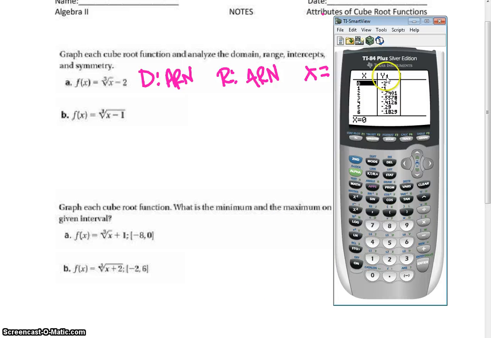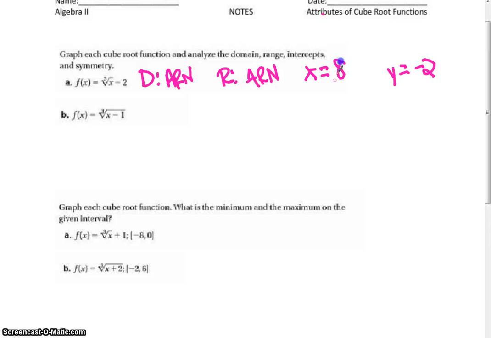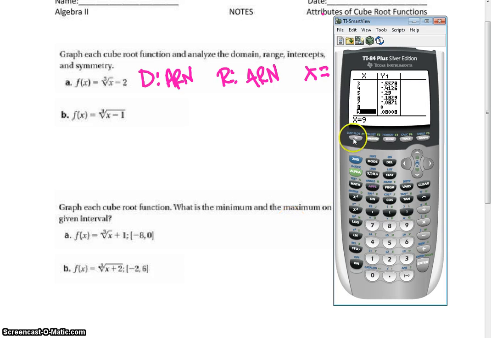Then you're going to look over here for your y to be 0, so you'll have your x-intercept. And when y is 0, x is 8. So my x-intercept is 8. If for some reason it went from positive to negative, but it skipped over 0, you would need to find it. You would go second, calc, number 2 for zero, get to the left, enter, get to the right.